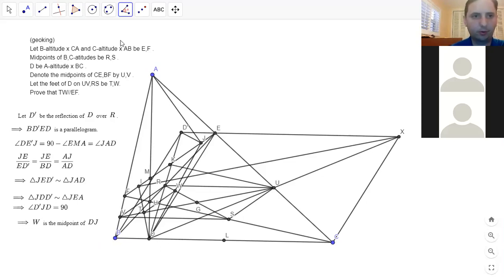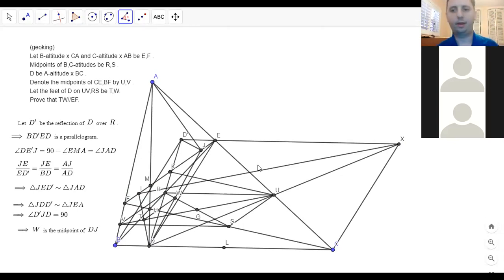I think that's what we want to show. Yeah, I'm just trying to copy the argument without really thinking about it. Let's see if that's actually true. No.